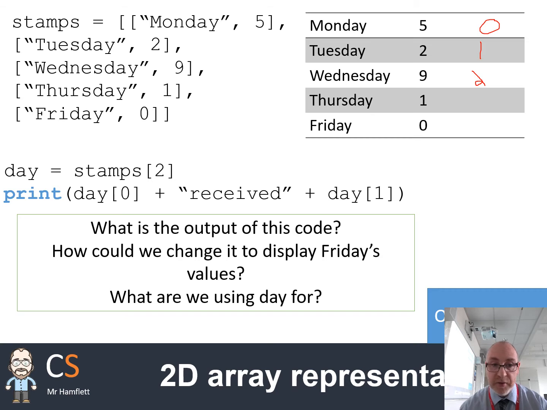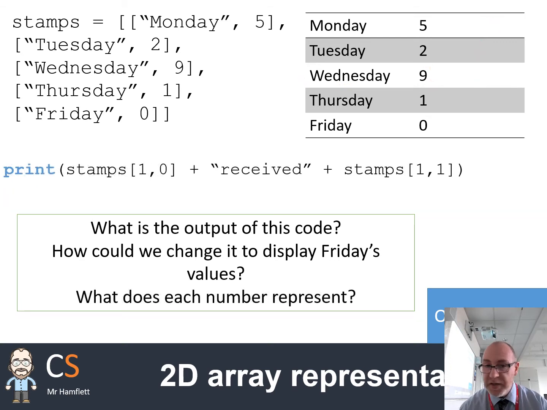So day equals stamps 2 will give me the little mini array of Wednesday, which is this one here. Then day 0 is going to be the first value, the first column essentially, which is Wednesday, and day 1 is going to be the second column.